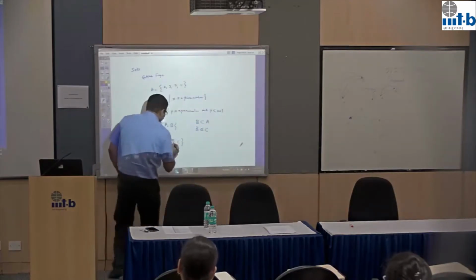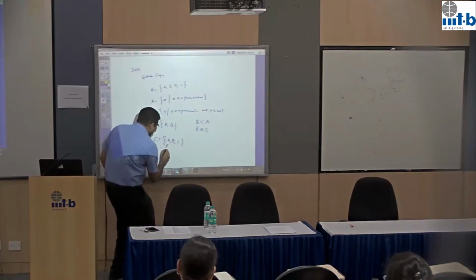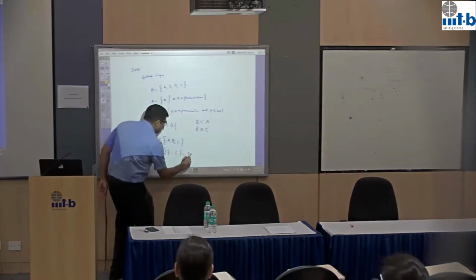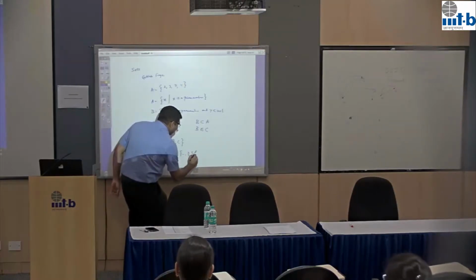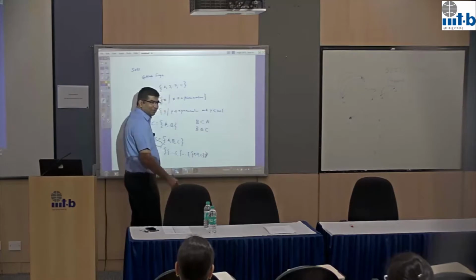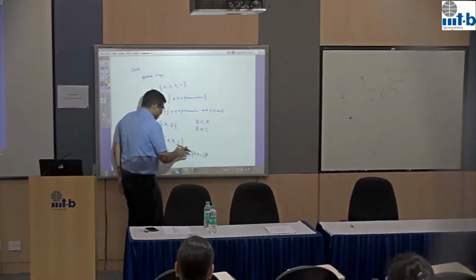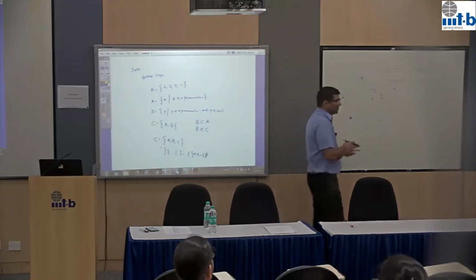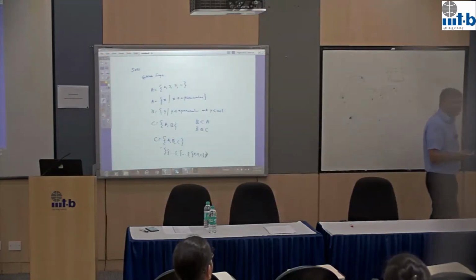Suppose I want to expand this. I'll say this contains A, which contains so many things, and B contains so many things, and then C contains what? A, B and C, right? And then if I expand all of this, again I'll get this thing. And so what happens to such a definition?